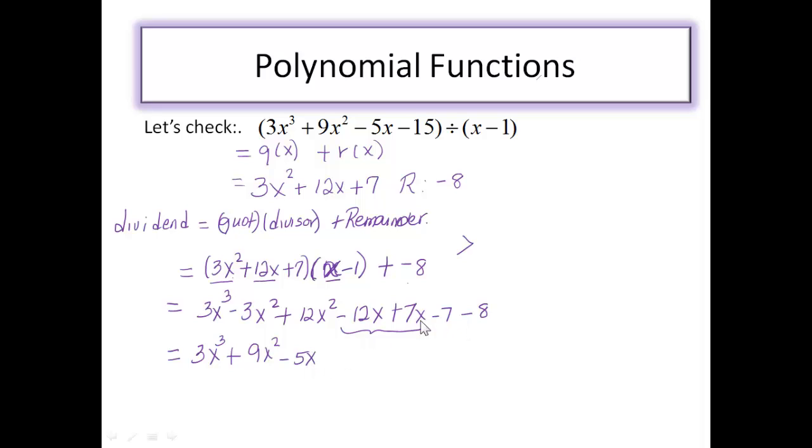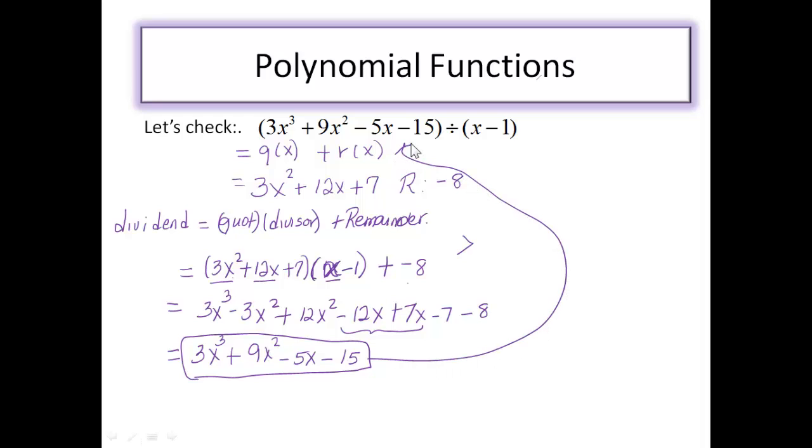And negative 7 minus 8 is equal to negative 15. And there's your check. You got your dividend. So that means that the division we did with synthetic division worked. We got the right answer.